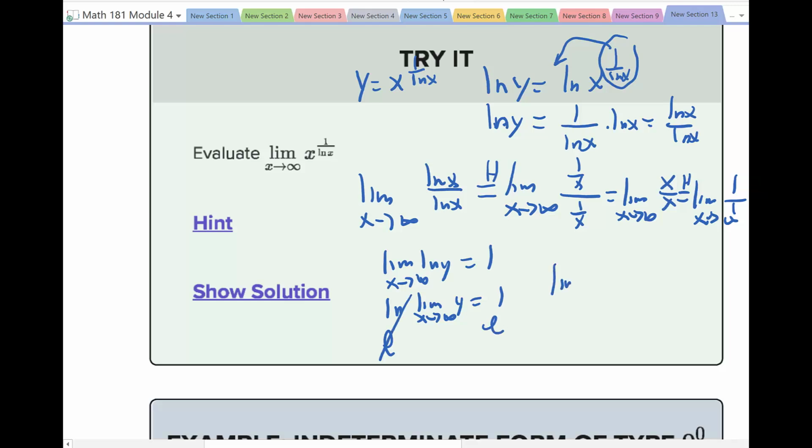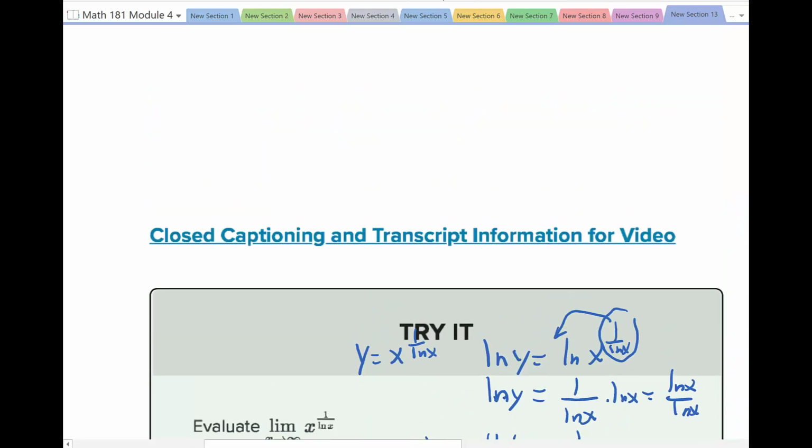So we would say that the limit as x approaches infinity of y is e to the 1, which is e, or the limit as x approaches infinity of x to the power 1 over natural log of x is e. What's really interesting is that this is another infinity to the 0 power, but this one actually with the limit process gives us an e, where the previous one gave us a 1.